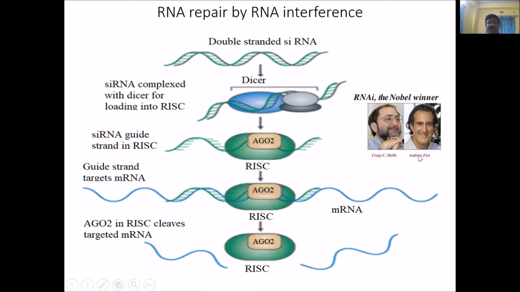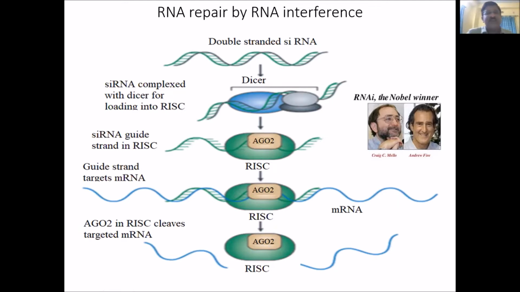These two scientists accidentally discovered, just like many other scientific inventions, the silencing of genes by introducing a double-stranded RNA, and they named it small interfering RNA or siRNAs.